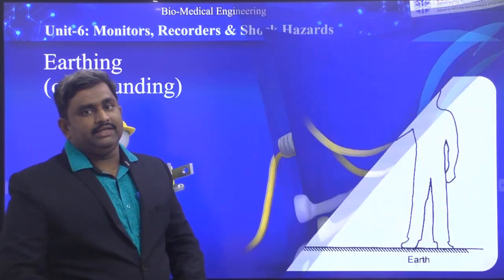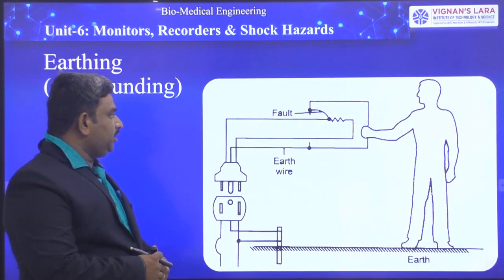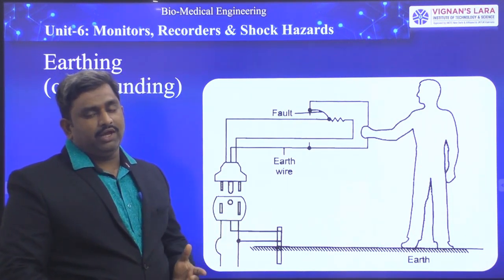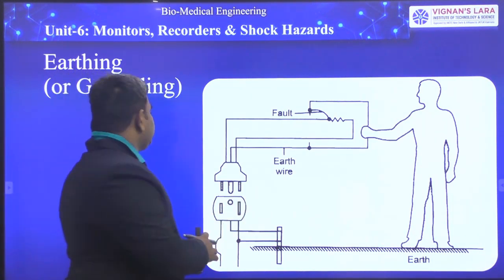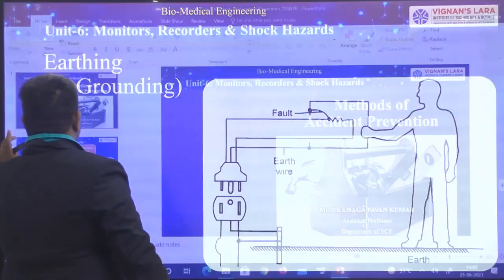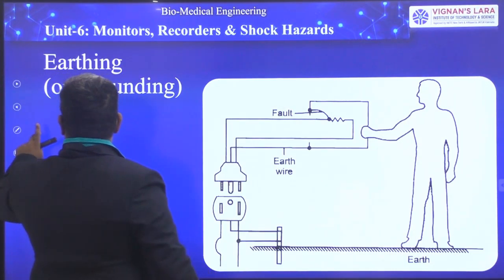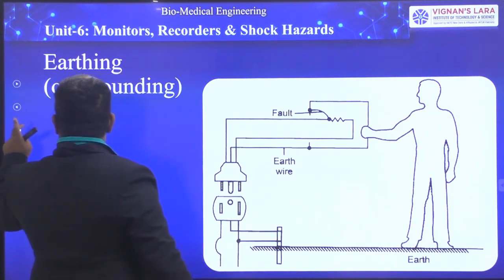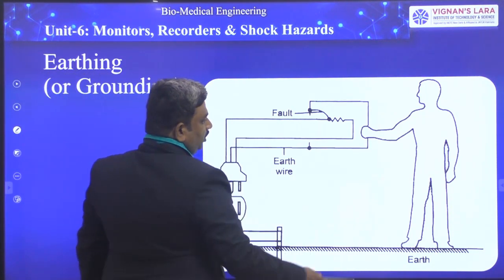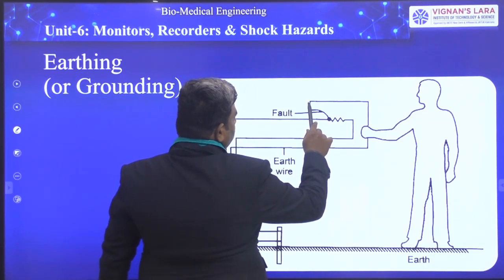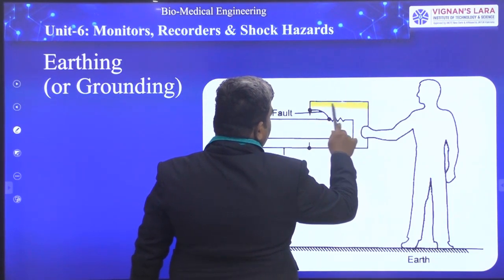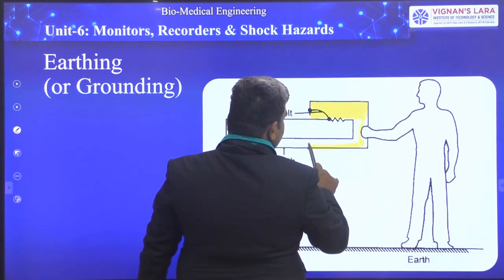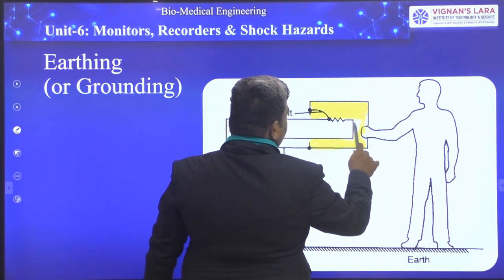Next, the 3-pin connectivity. Coming to the circuit diagram point of view, here is how the connection will be available. Here the patient is available. This is the patient connected box, whichever equipment we are dealing with.